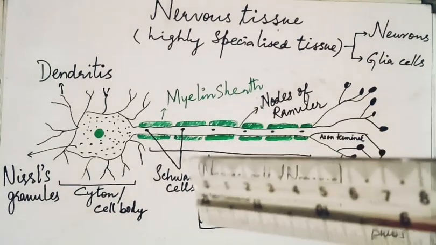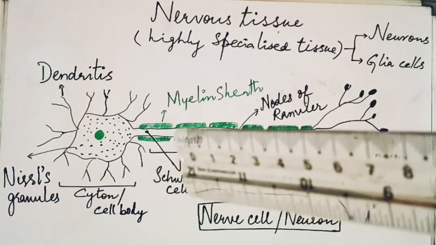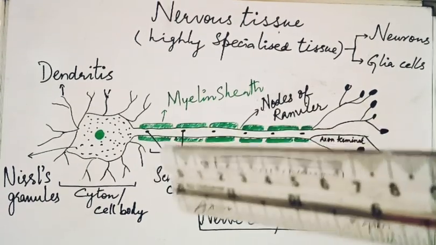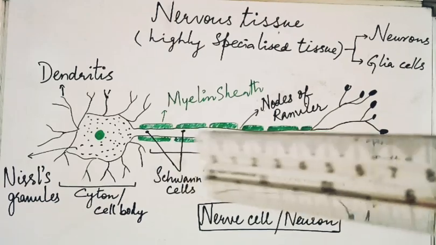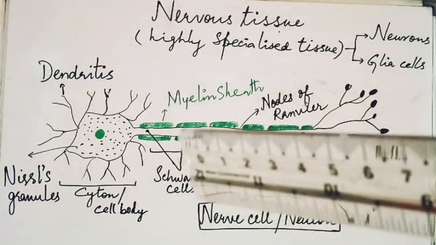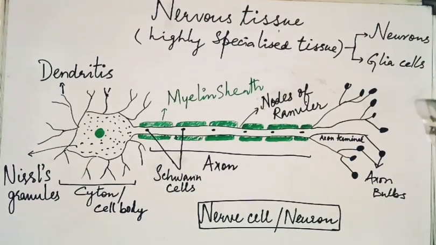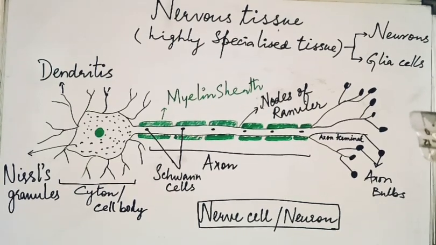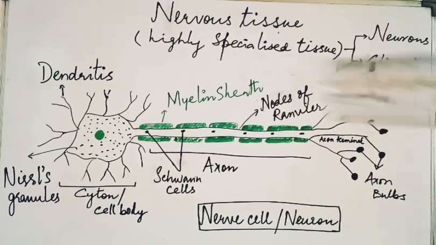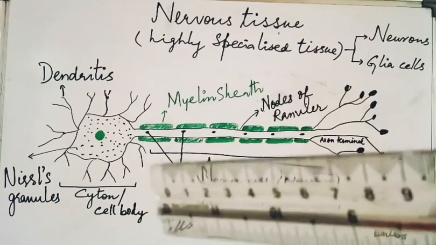Fine. Then if you can clearly see that there is a space or gap between two myelin sheaths, this gap is called the nodes of Ranvier. Now in a myelinated nerve cell, what is this node of Ranvier responsible for?